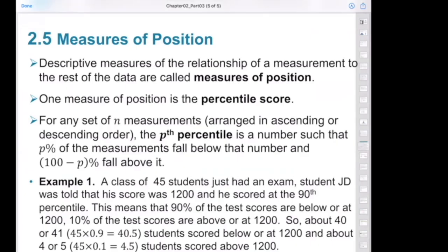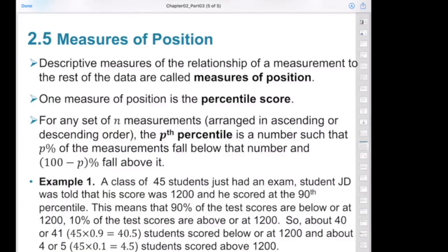First, we have here a definition for the measure of position. Descriptive measures of the relationship of a measurement to the rest of the data are called measures of position. So we compare a specific measure with the other measures to know its position in the distribution of the data.